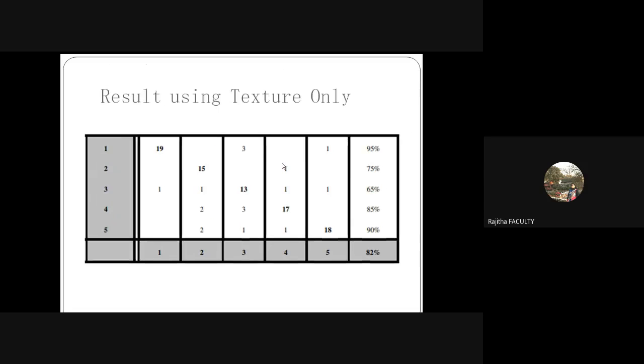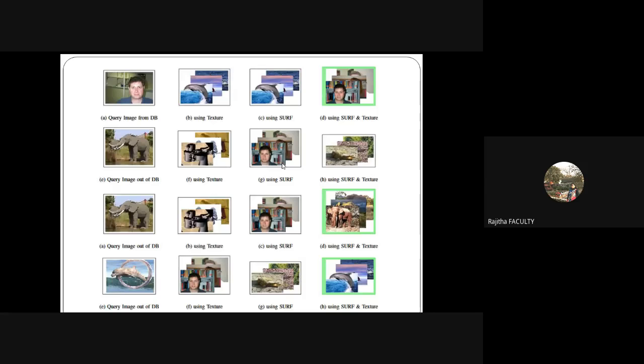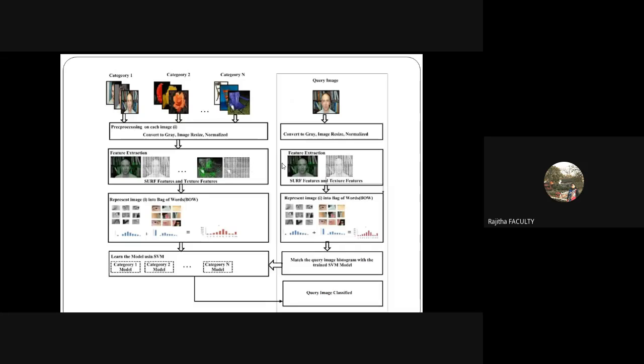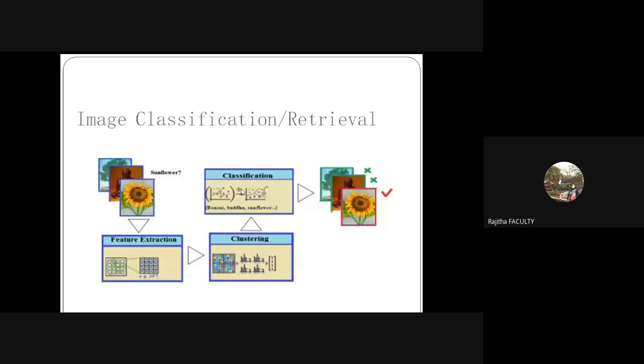Now, what happens when I apply a DL technique? I'll go back to the same thing. Again I have the same data set, I have to do the classification and get my result.